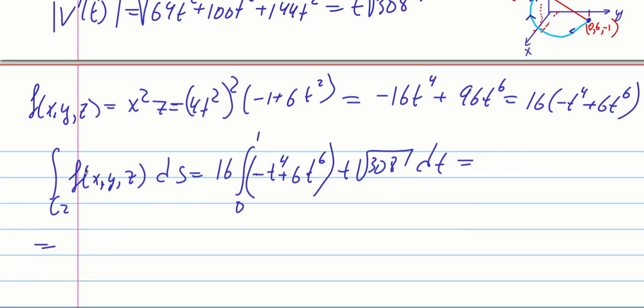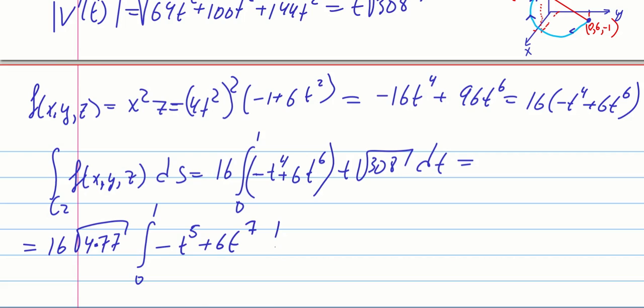Now it's time to calculate. So we have 16, and 308 we'll write as 4 times 77, integral from 0 to 1, and we have negative t to the 5 plus 6t to the 7 dt.